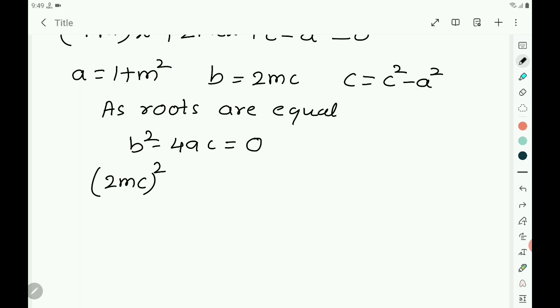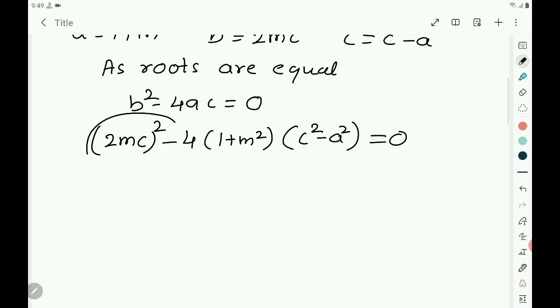Minus, write 4, the a value is 1 + m², 4 into (1 + m²) into c, where c is c² − a², equals 0.